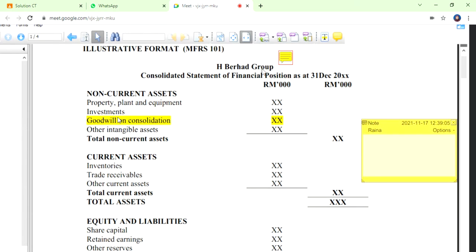Plus consolidation. So nama tu ada. And the name statement juga mesti ada consolidated. If you don't have them consolidated, you are not preparing a good account. You are preparing an account for an individual company.